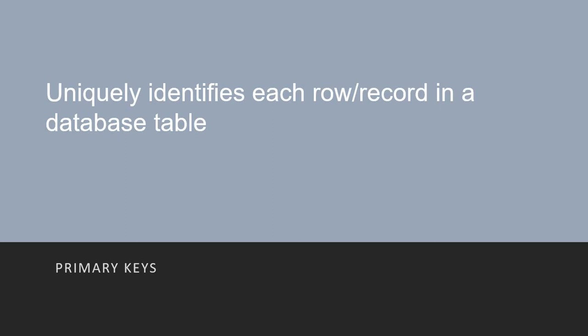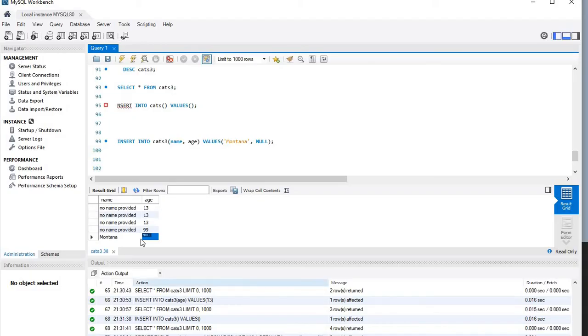You have already seen that we have different cats as identical. So we have to insert something besides the name and age values in order to identify this identical data, where we use the primary key. Now you can see we have two things as similar: no name provided 13, no name provided 13.